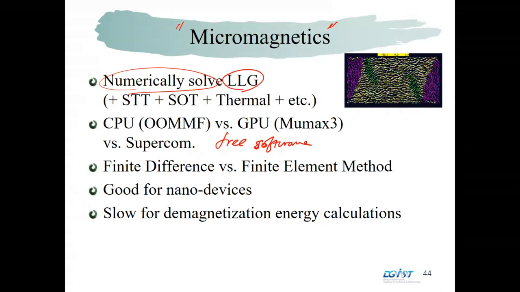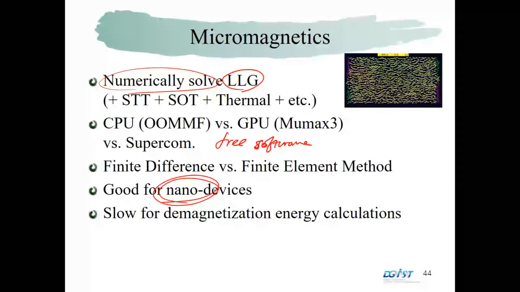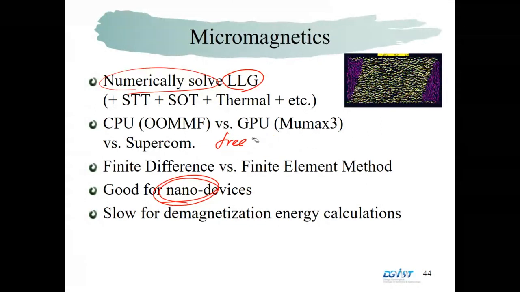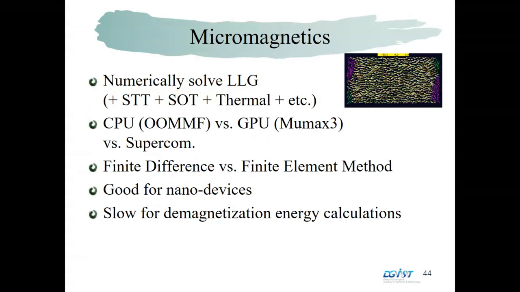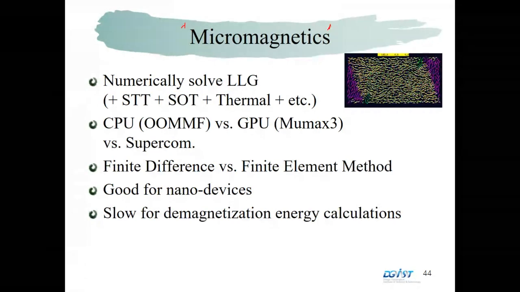And the good thing is, when we play with micromagnetics, if we increase the size of the sample, the required computing power increases very fast. So it is good for nano devices, which are very interesting. Okay, and there are many things about the mathematics, but now it is too much at this stage. So just remember that the Stoner-Wohlfarth model is very powerful, but there are many limitations. To overcome those limitations, we need micromagnetic simulations.